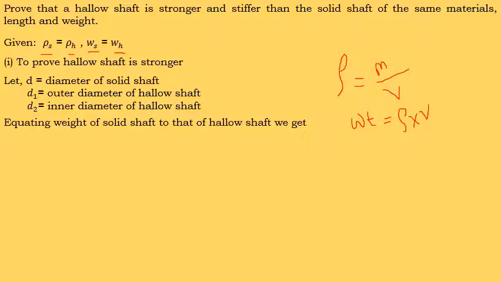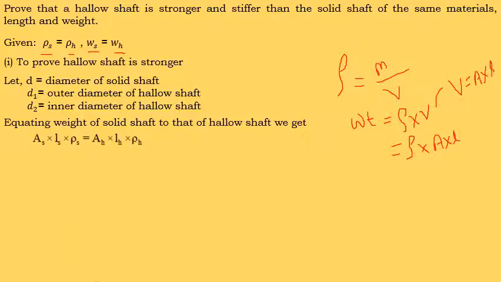Volume is nothing but area into length. Therefore, weight can be written as density into area into length.